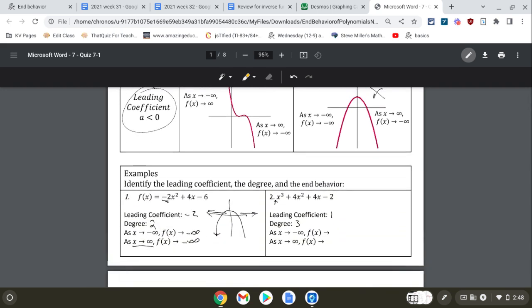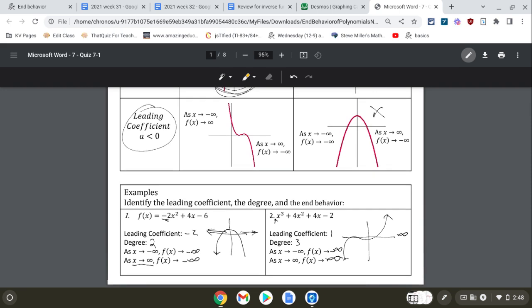So as x goes to the left forever, as x goes to negative infinity, let me draw that graph. As x goes to negative infinity, the value of the function is pointed downward towards negative infinity. And as x goes to the right forever, as x goes to positive infinity, the value of the function is also positive infinity. Okay. That's how you find the end behavior for polynomial functions.